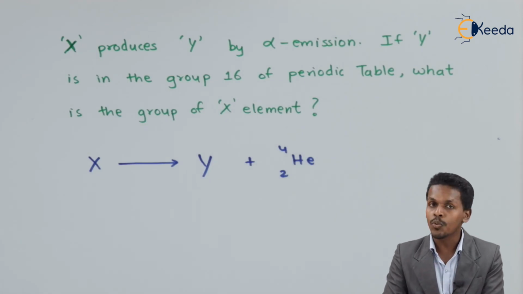If it belongs to group 16, then we understand that the outermost shell consists of 6 electrons.